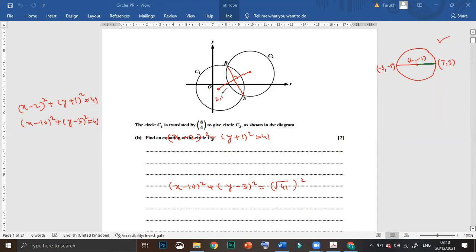This circle has center (2, -1), and the second circle has center (10, 3). Now we will find the equation of the perpendicular bisector of (2, -1) and (10, 3).